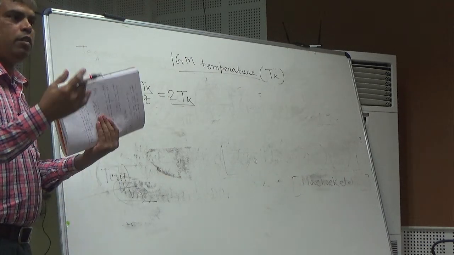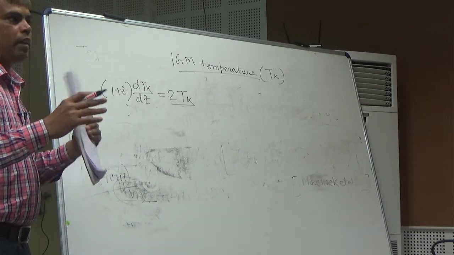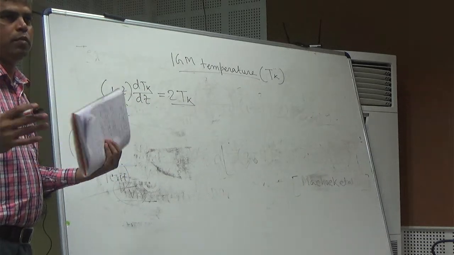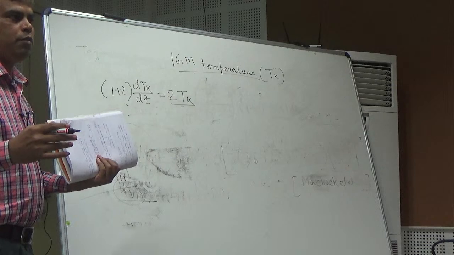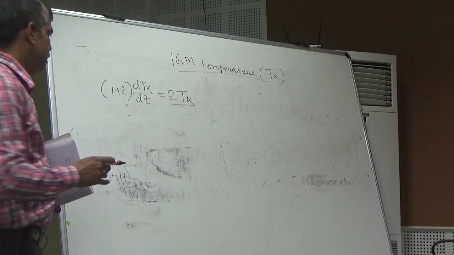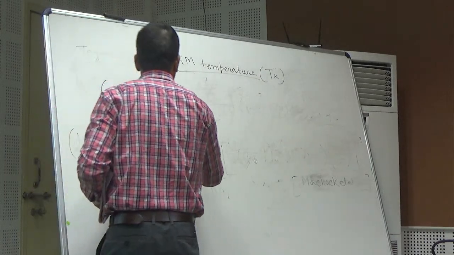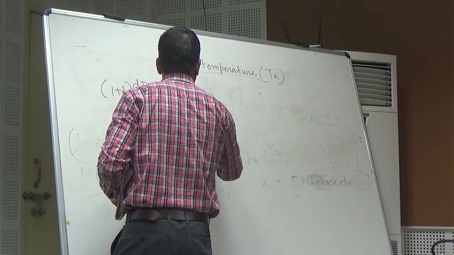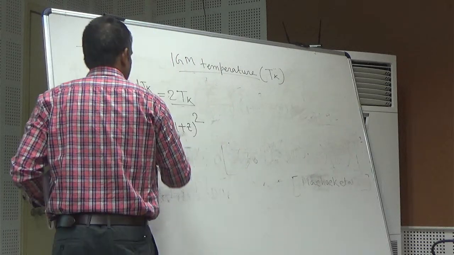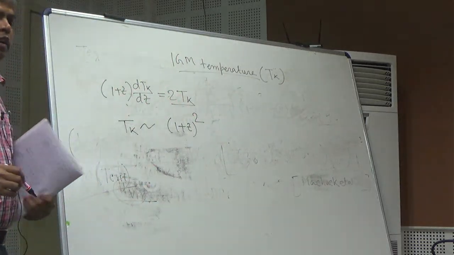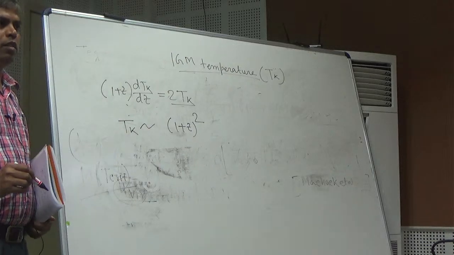So if you have a hydrogen cloud, and that cloud is expanding with the expansion of the universe, and you solve this equation, you get Tk proportional to (1 plus z) squared, times some constant that is set by the initial value.